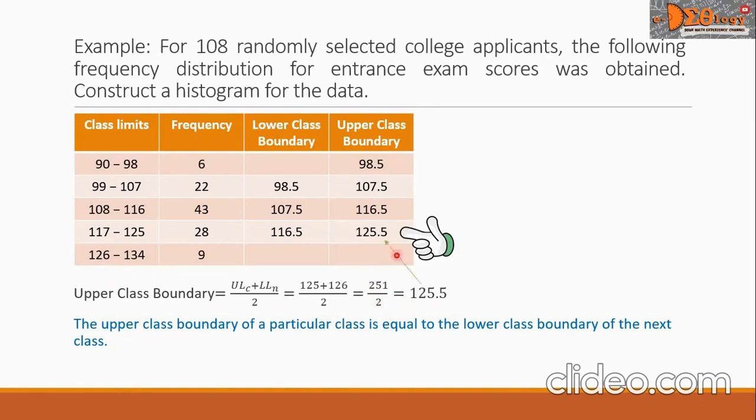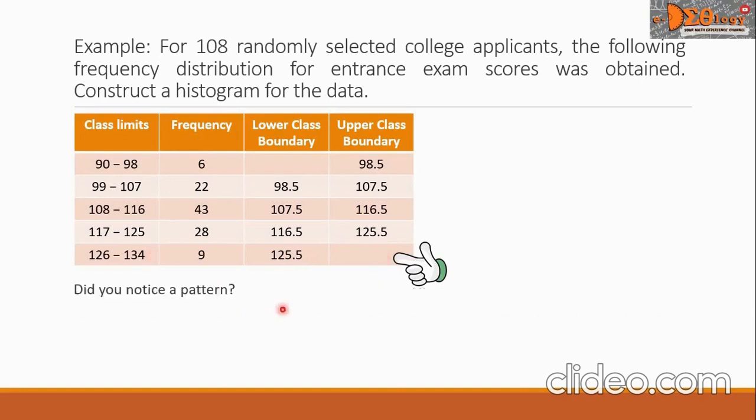This value we will copy in here. Also, this 125.5 is the lower class boundary of the next class. And there we go. Then let us compute for the upper class boundary of the last class. We may use our same formula here.